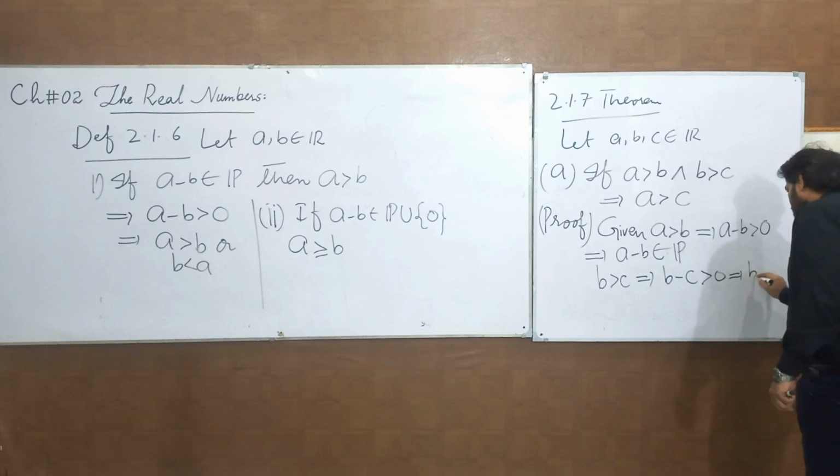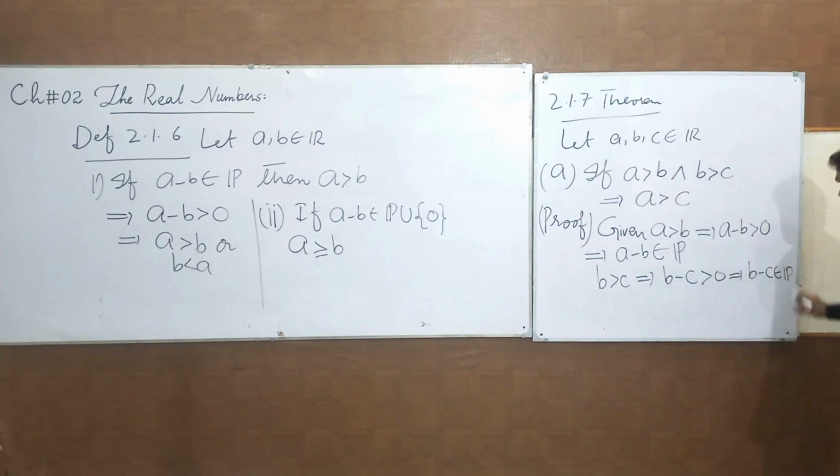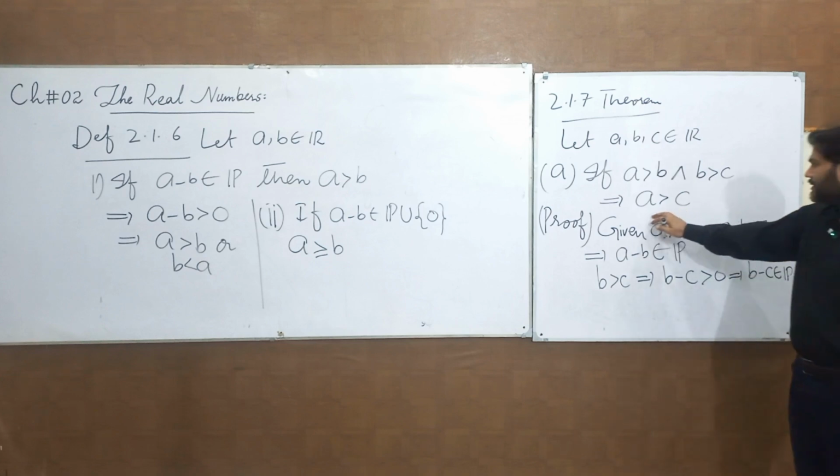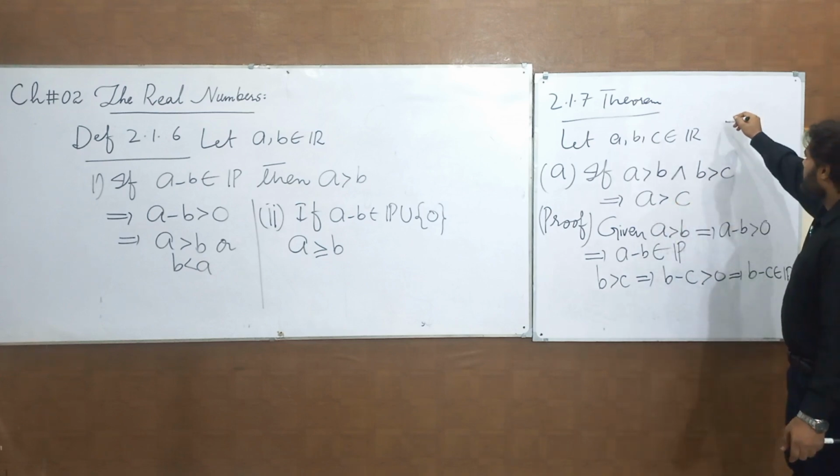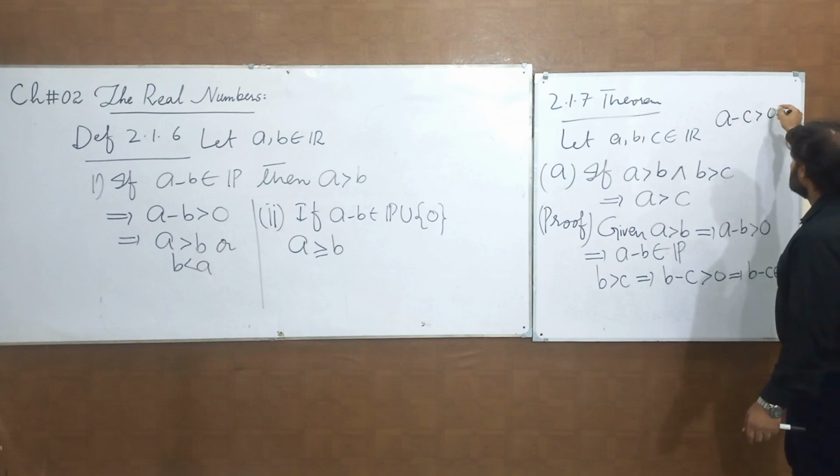This shows that B minus C belongs to P. I have to show that A is greater than C. How can we show this? We will show that A minus C is greater than 0, that is, A minus C belongs to P.